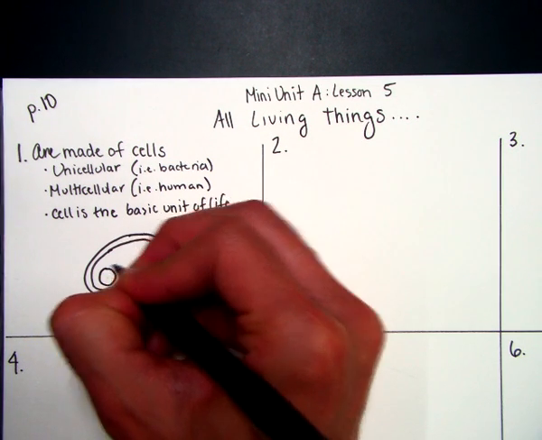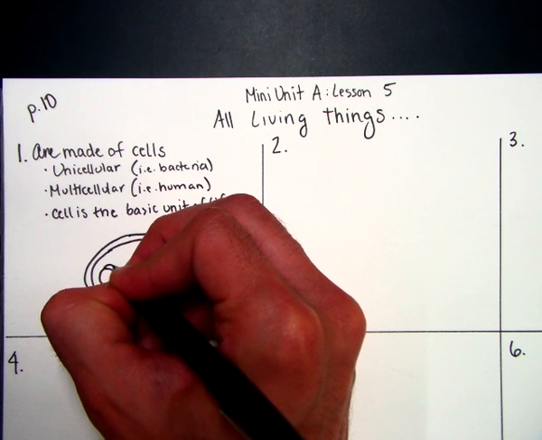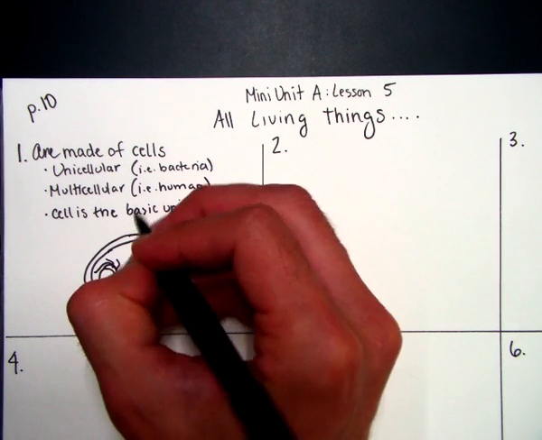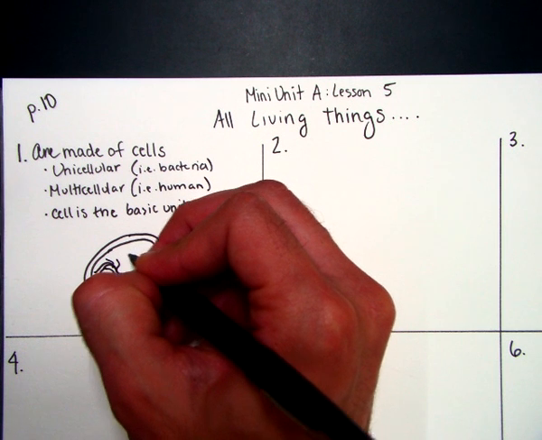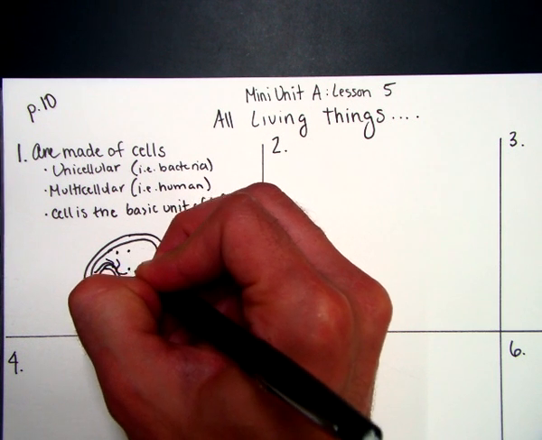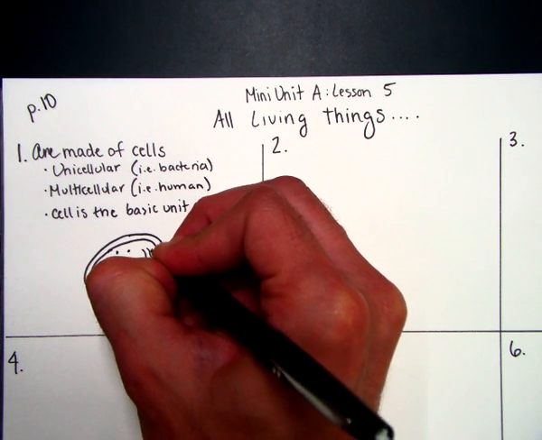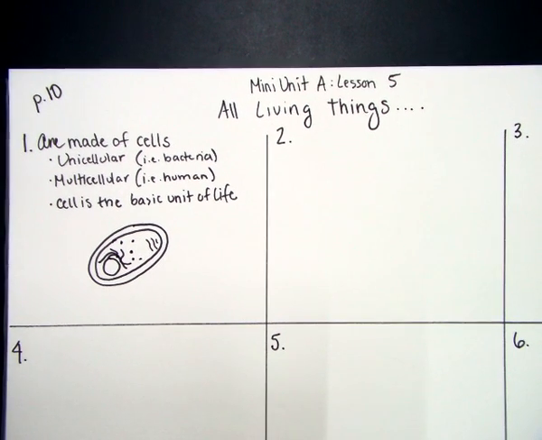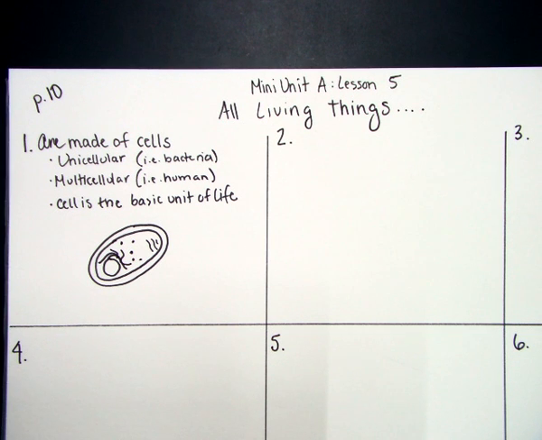But here's just a basic diagram. Okay, so all living things are made of cells.